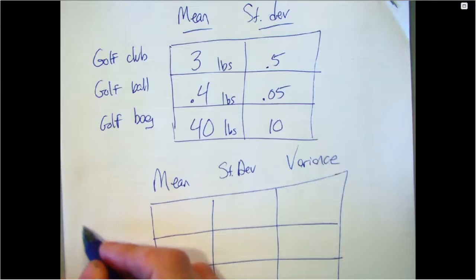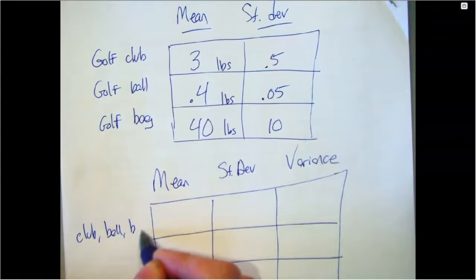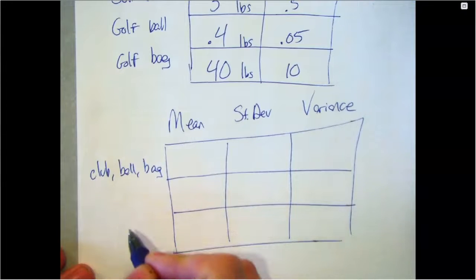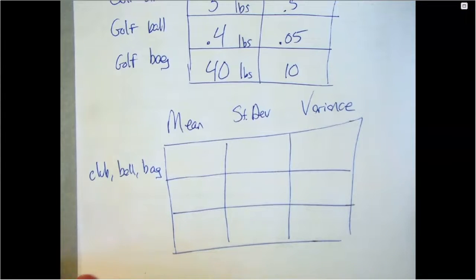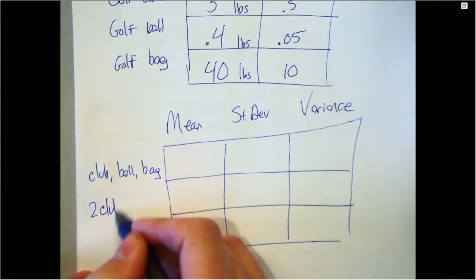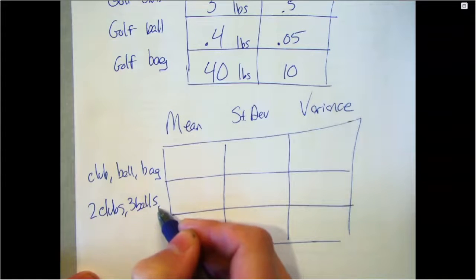Let's say you got a club, ball, and a bag. Let's say you got 2 clubs, 3 balls, 1 bag.